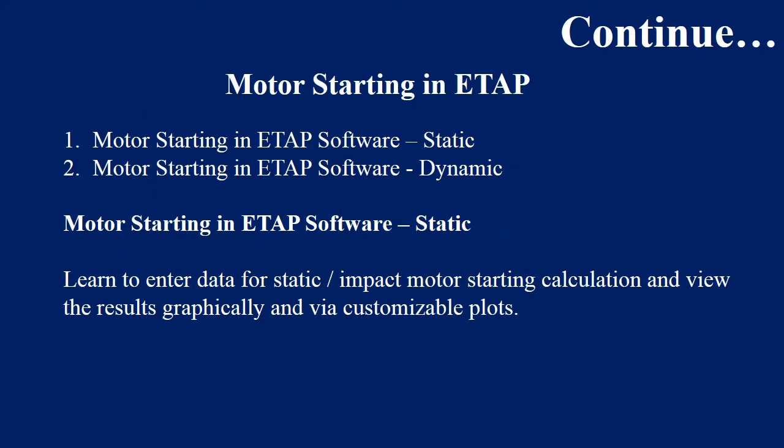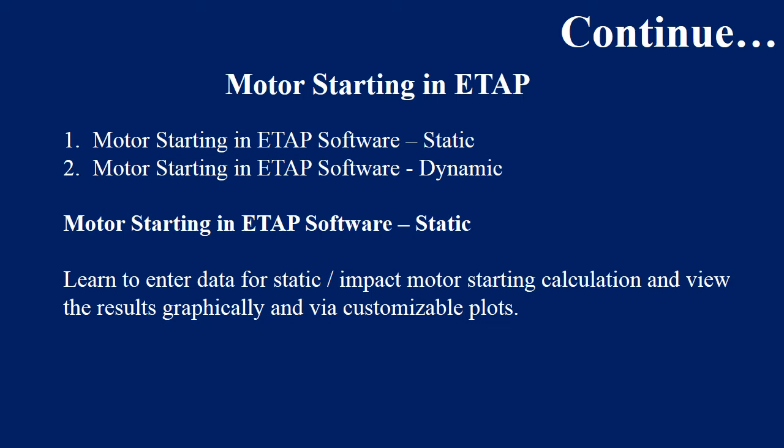When we are talking about the motor acceleration analysis, then it will normally come under the motor starting analysis in ETAP software. And motor starting analysis in ETAP software has two main types: motor starting in ETAP software as a static and motor starting in ETAP software as the dynamic.